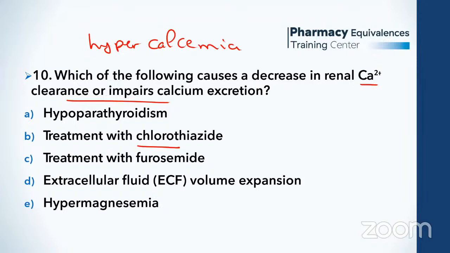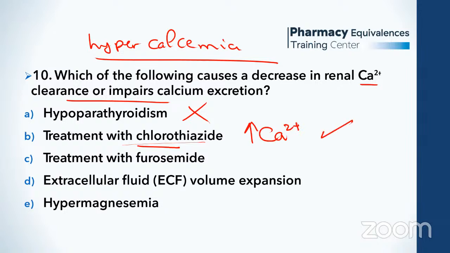Right? So, to be clear, this question is asking about which will cause hypercalcemia. Does hypoparathyroidism lead to hypercalcemia? No. Treatment with chlorothiazide. Chlorothiazide, one of the thiazide diuretics, leads to increased calcium level, so this is the right answer.